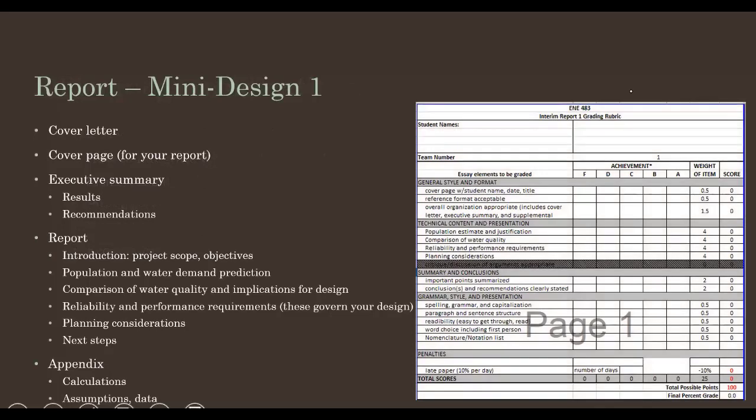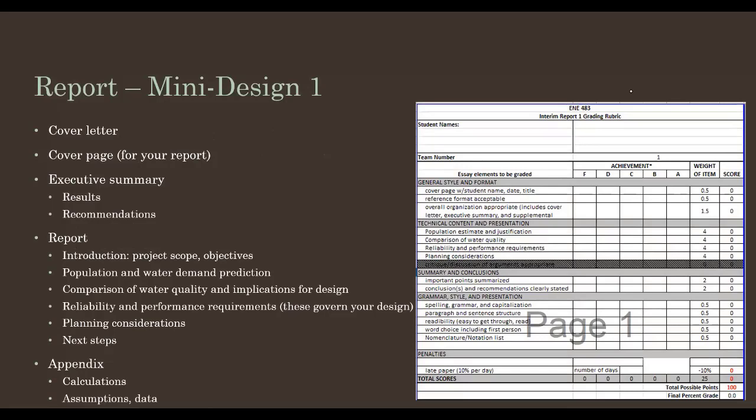So in terms of mini design 1, you will provide a cover letter. Your cover letter is short and sweet. Doesn't provide a lot of detail. What you are doing is you are providing your expertise as the company that you have formed, and you're providing the report.